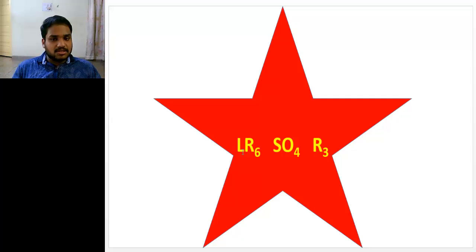The lateral rectus, LR6, is supplied by the 6th cranial nerve or the abducens nerve. And the rest of the muscles are supplied by the oculomotor nerve. This is a mnemonic for remembering the nerve supply of the muscles: the lateral rectus by the 6th nerve, the superior oblique by the 4th nerve, and the rest of the muscles by the 3rd nerve, right?